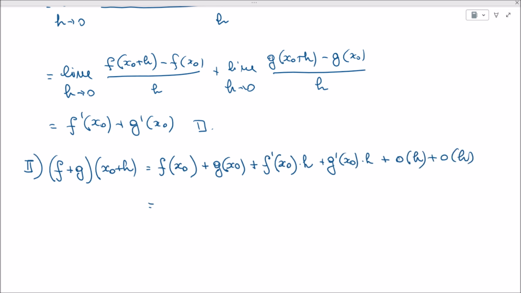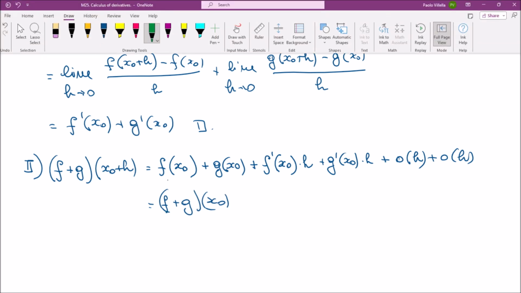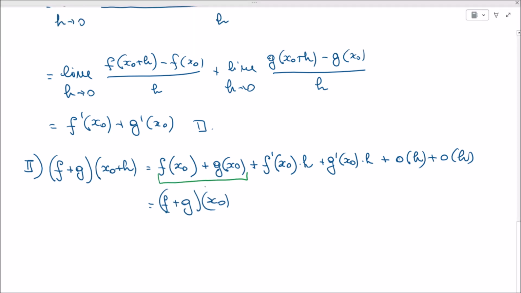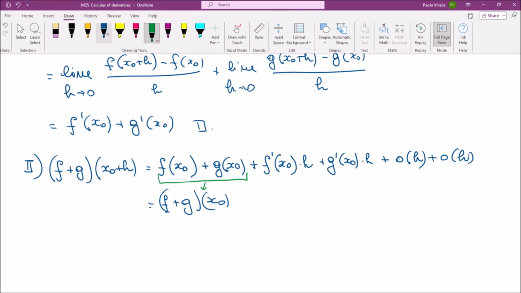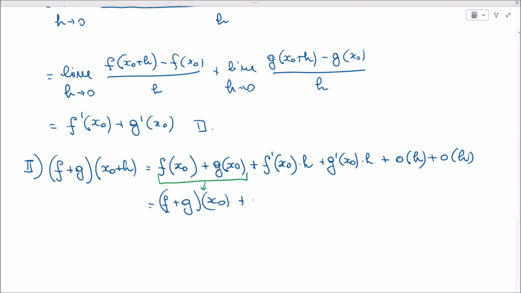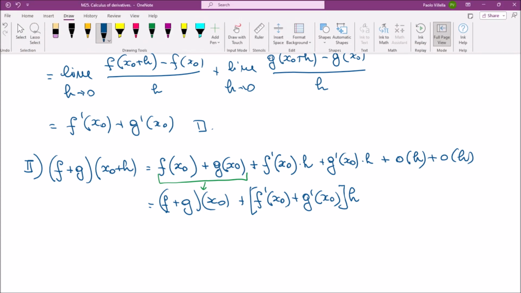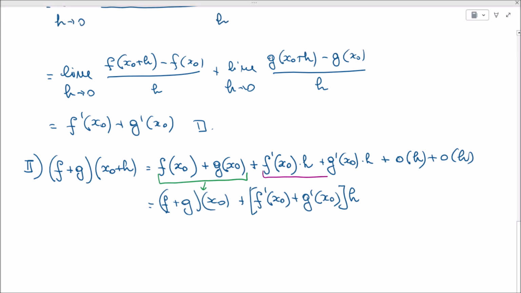And we recognize now we can rewrite this as follows: f plus g in x naught, which basically takes the first two elements. Then we have f prime of x naught plus g prime of x naught, all this multiplied by h, and this would be the second term.